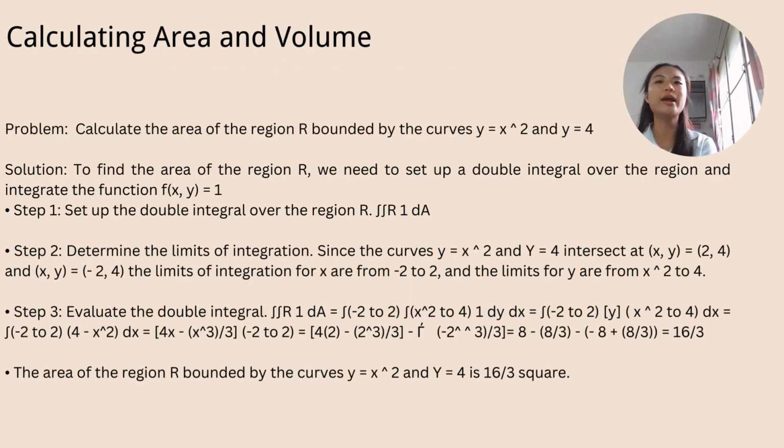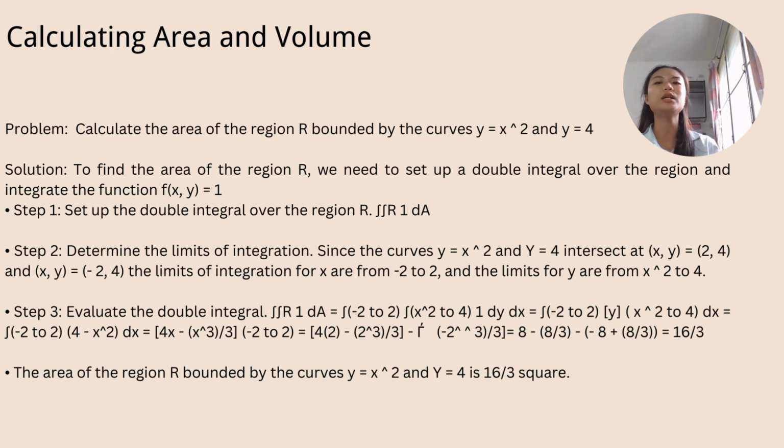Now, calculating area and volume. The problem is to calculate the area of the region R bounded by the curves y = x² and y = 4. The solution: to find the area of the region R, we need to set up the double integral over the region and integrate the function. Step 1, we set up the double integral over the region R. Step 2, we determine the limits of integration, since the curves intersect at points x and y.